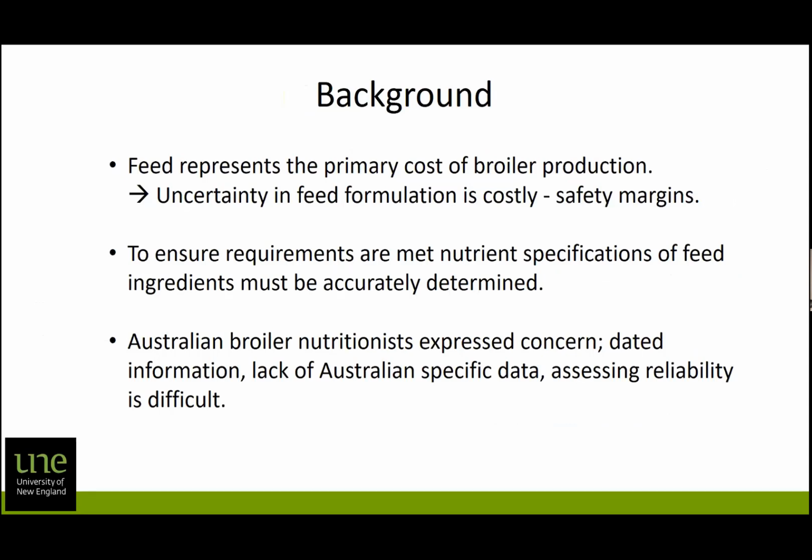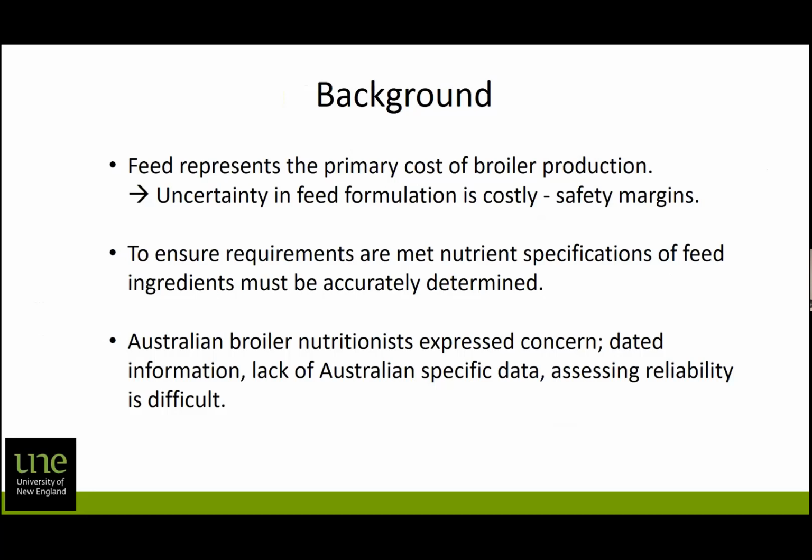Because feed represents the primary cost of broiler production, uncertainty in feed formulation is going to be really costly, which is what we just saw. This is why nutritionists use safety margins within their formulations. But how do you decide how big to make your safety margin if you're not sure about the variability in your ingredients?